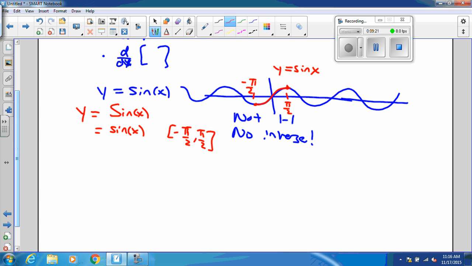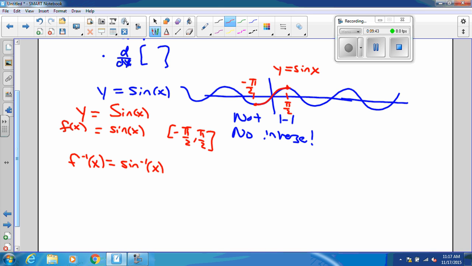And so now I can define an inverse. If this is f of x equals sine x, then f inverse of x, which is inverse sine of x, is now going to be a function that takes values from -1 to 1 and gives back the angles that they came from. That's the purpose of inverse trig functions.